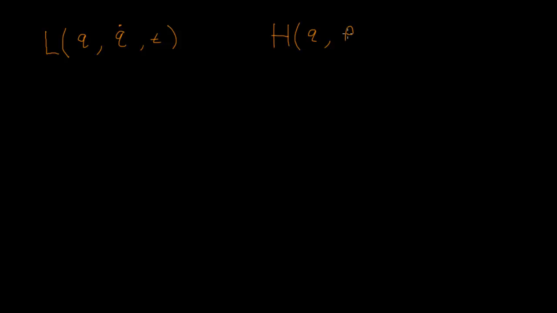So I'll write p here, and p just means generalized momentum, even though p is normal momentum as well. And then it's also a function of time. So the Lagrangian is a function of the generalized velocity, while the Hamiltonian is a function of the generalized momentum.